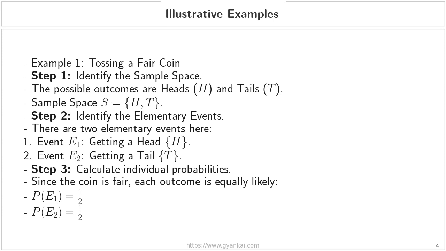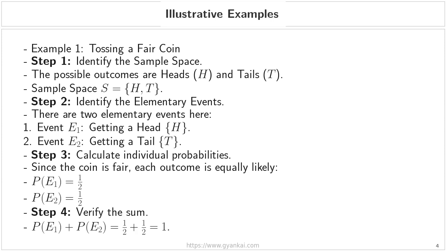Next, in step 3, we calculate the individual probabilities for these events. Because we are dealing with a fair coin, we assume that both outcomes are equally likely to occur. This means the probability of event E sub 1 is 1/2, and the probability of event E sub 2 is also 1/2.